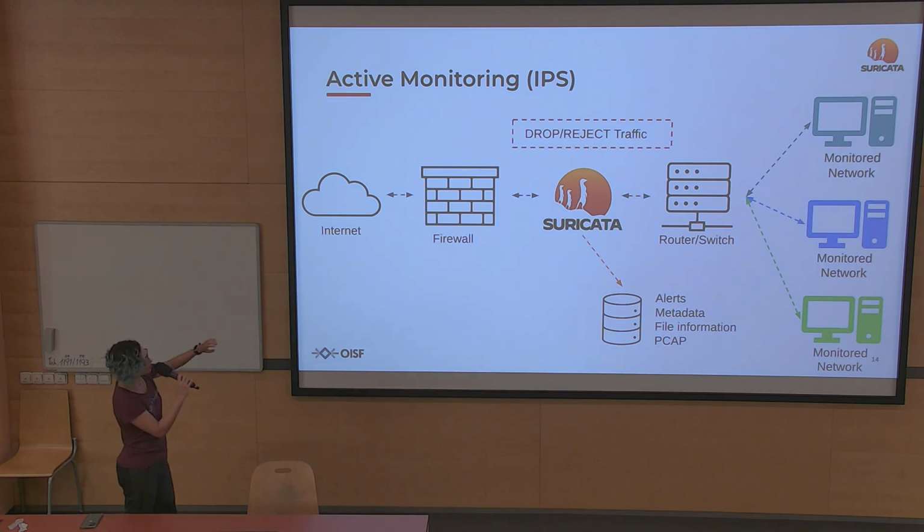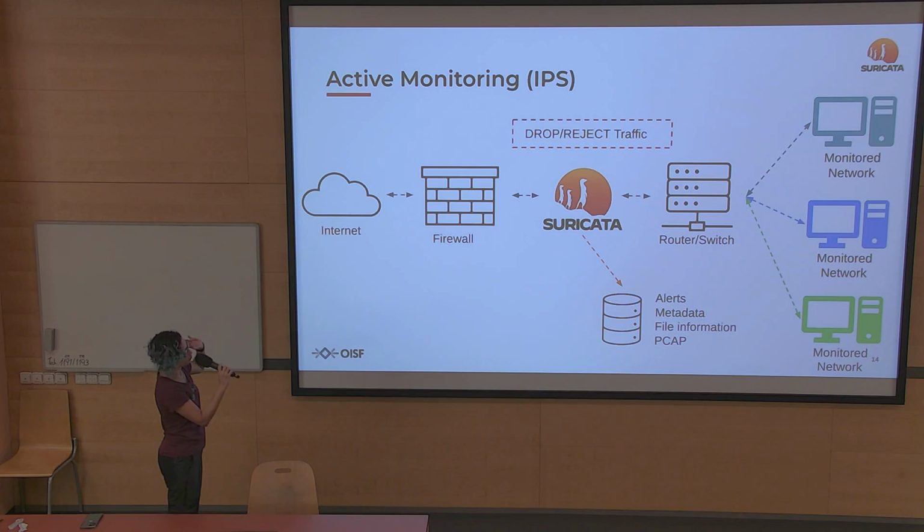And the main difference from what Shivani has shown is that, as I said, Suricata will be in inline mode, so it's seeing the traffic directly. It's not copied for it to Suricata. It can still do all the things that it does in IDS mode, and it will have the ability to drop traffic, which means the traffic will not continue.